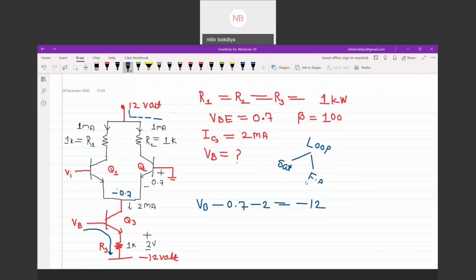जंक्शन must be forward bias. So you can say the answer is VB. The answer for VB is, the VB for the circuit is minus 12 plus 2 minus 0.7.